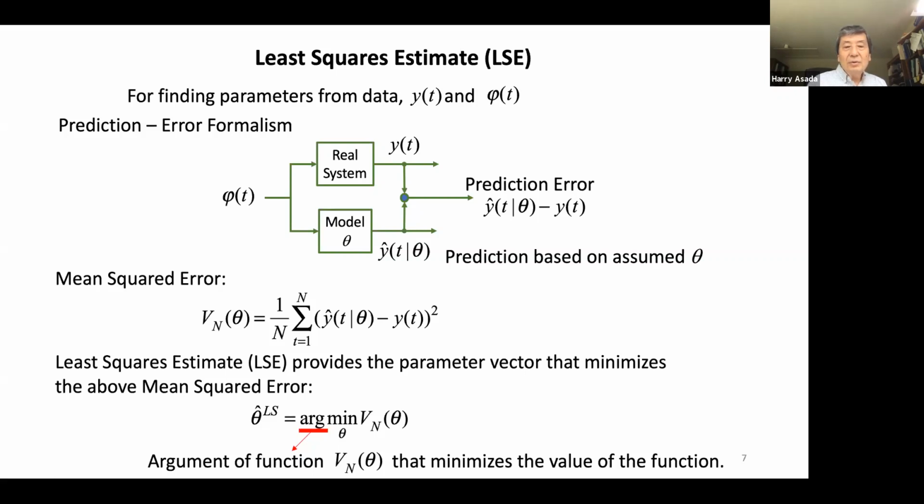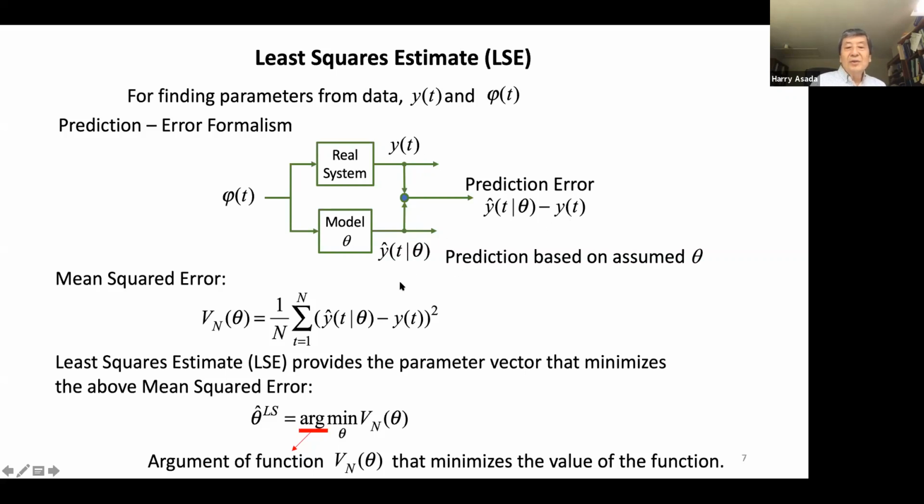By the way, you see here we have a hat. If you see a hat on top of a variable, that means prediction, your estimate. It's not the really physical one. It's a variable sitting on your computer, not the real one. The real one doesn't have any hat. So the difference between the real measurement and the prediction is this prediction error.